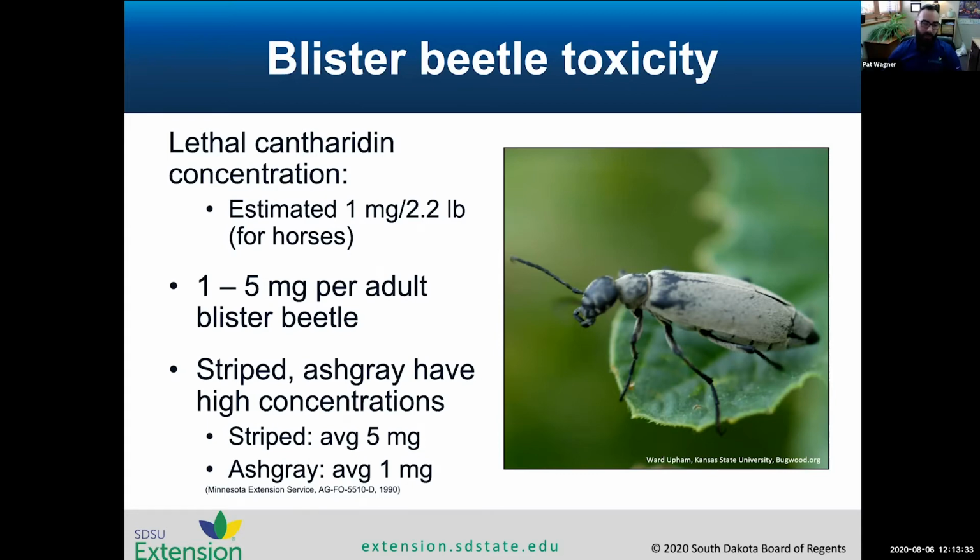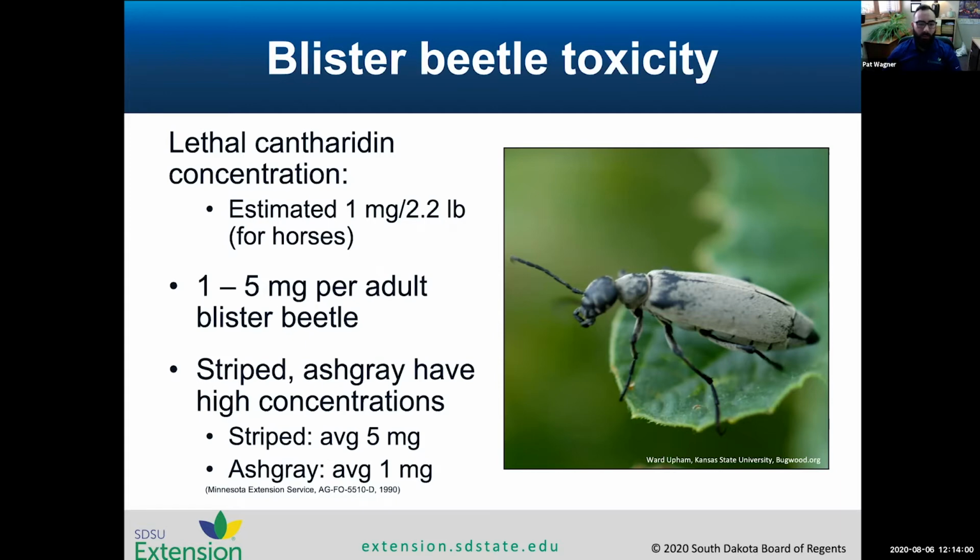To put that into perspective, anywhere from 1 to 5 milligrams of cantharidin can be present per adult blister beetle. I wanted to mention that we'll talk about some of those species coming up, but the striped and the Ashgray are two different types of blister beetles that have the highest concentrations, at least here in South Dakota.